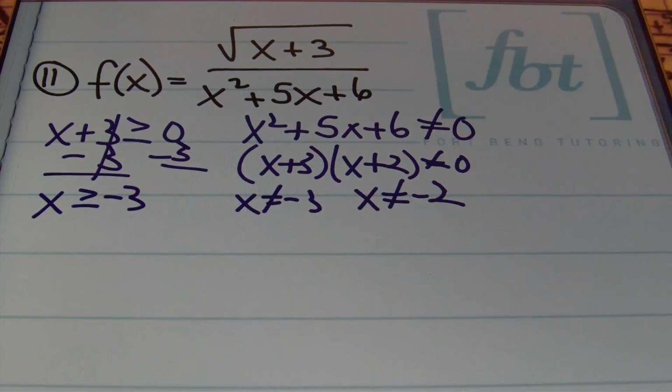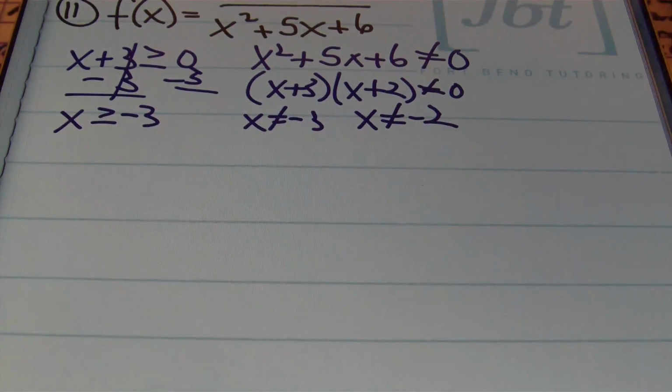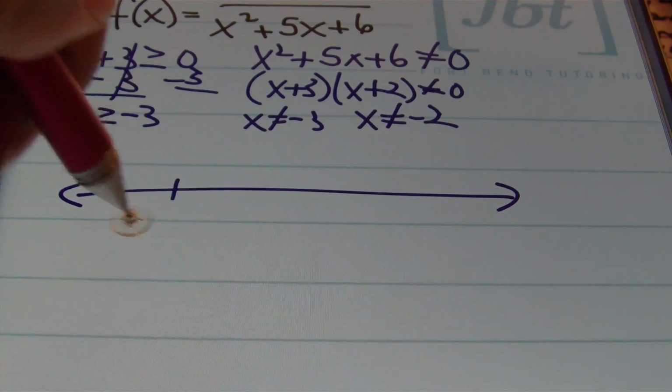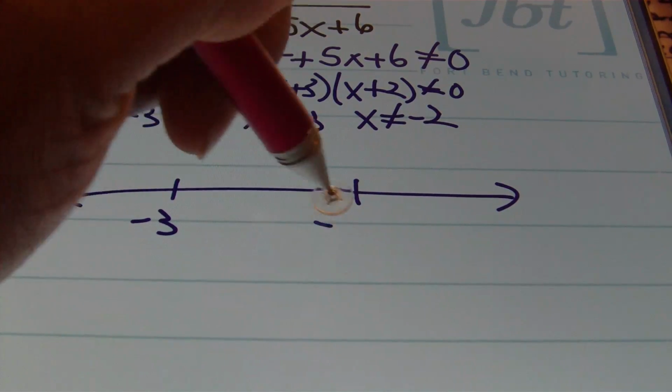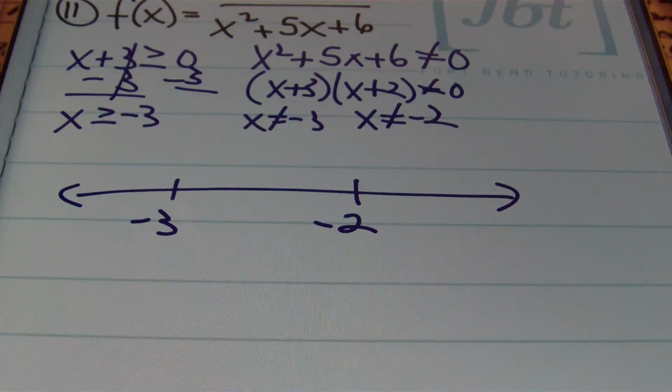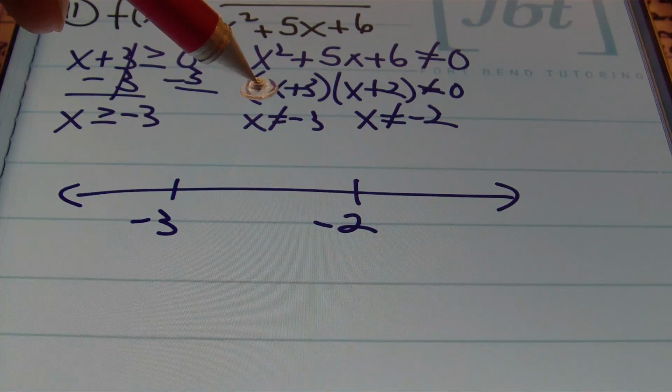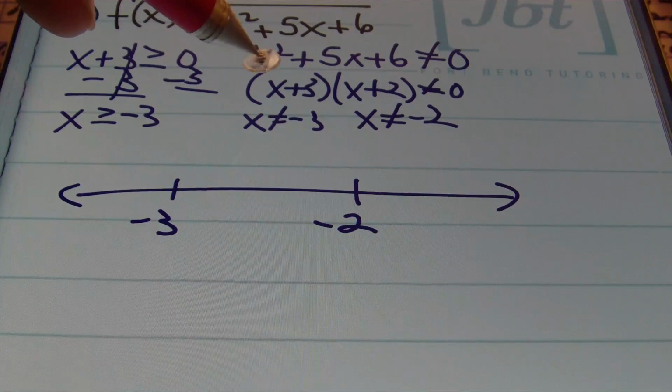So let's see what that looks like on a number line. On my number line, I'll have negative 3, and I'll also have negative 2. According to the inequality, x has to be greater than or equal to negative 3. But dealing with this equation, it says x cannot equal negative 3.